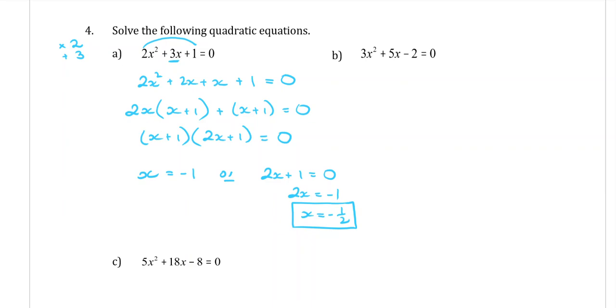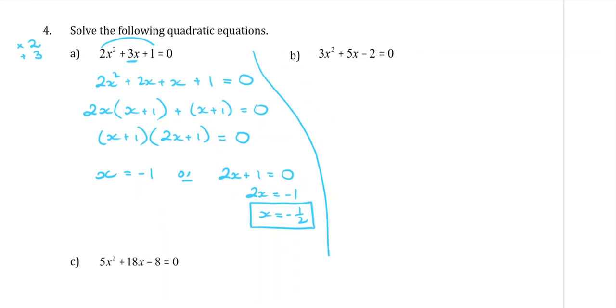Part B, again non-monic. So to solve it, I'm going to times the 3 with the minus 2, which means I'm looking for two numbers that times to give minus 6 and add to give the 5. That would be a positive 6 and a negative 1. So we're going to split this 5x to be a positive 6x and a negative 1x, minus 2 on the end equals 0.